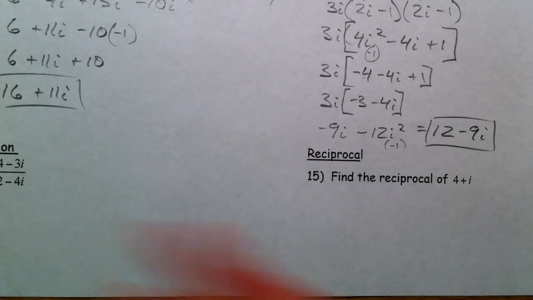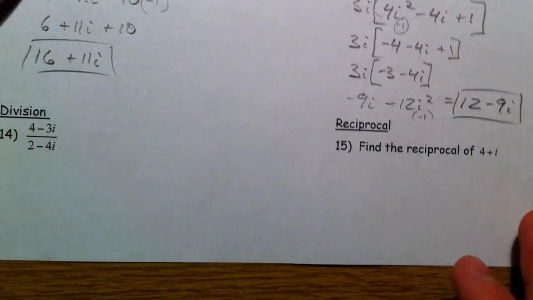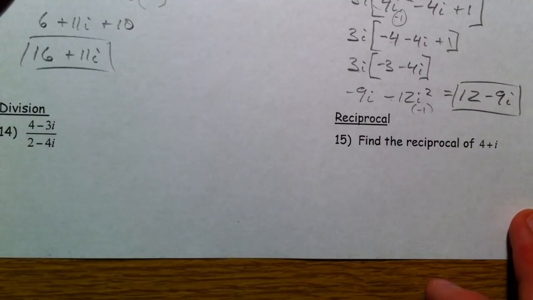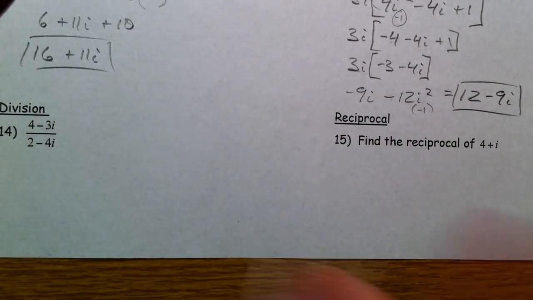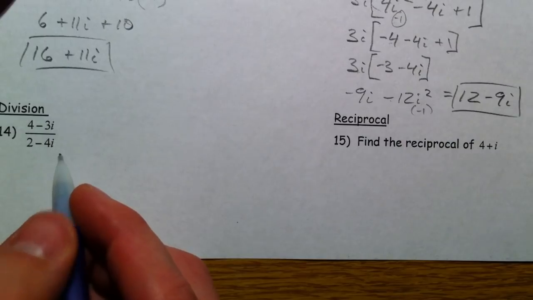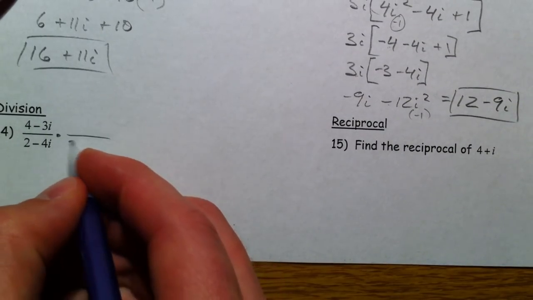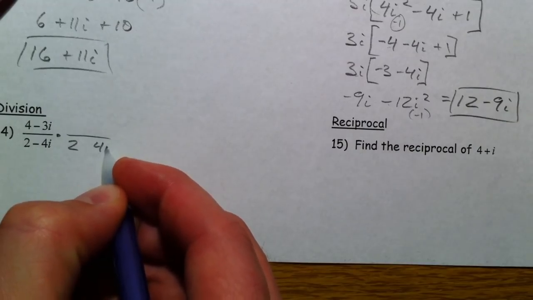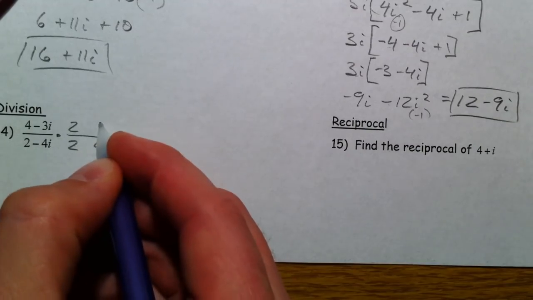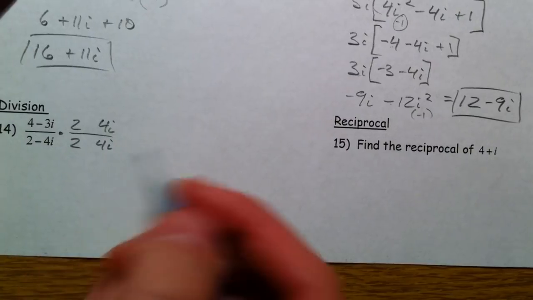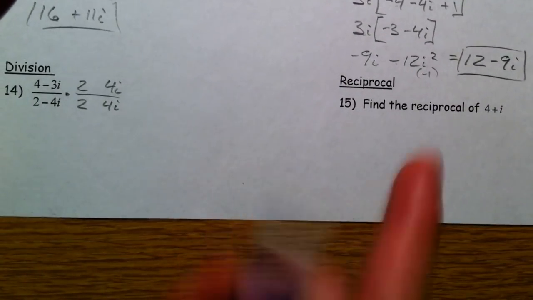Division. Same thing with radicals that we saw: we can't have an i in the bottom, and so we are still going to multiply by something to cancel out the i's on the bottom, and it's still going to be the conjugate, because it's still going to have its magical powers of eliminating that middle term.